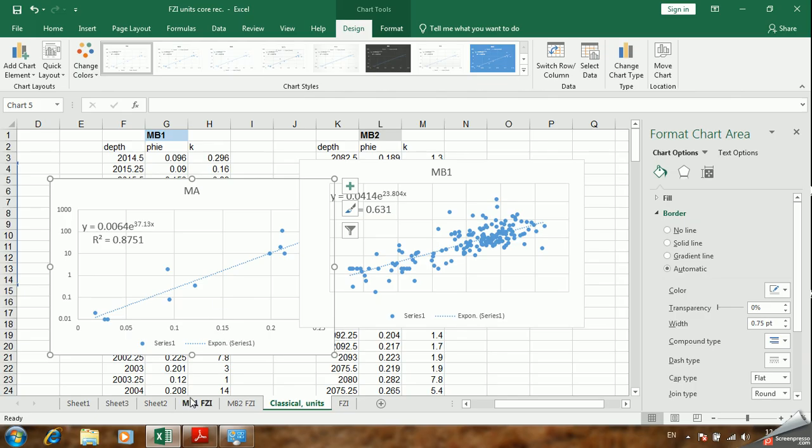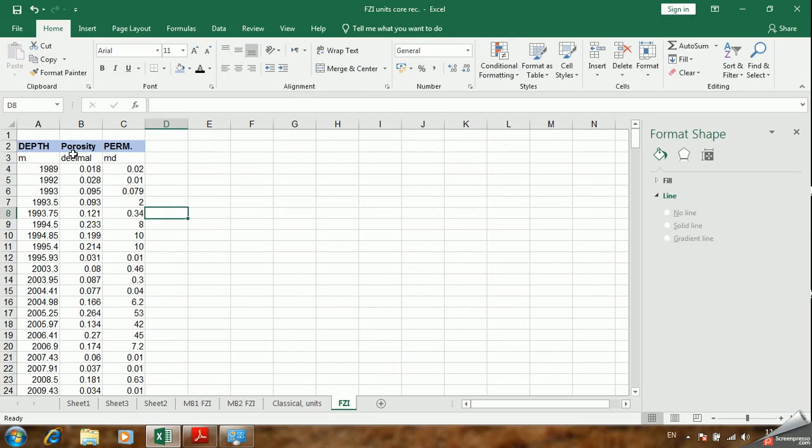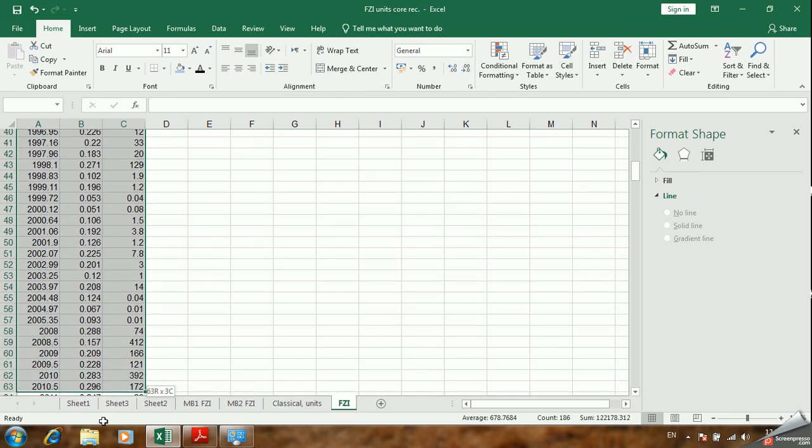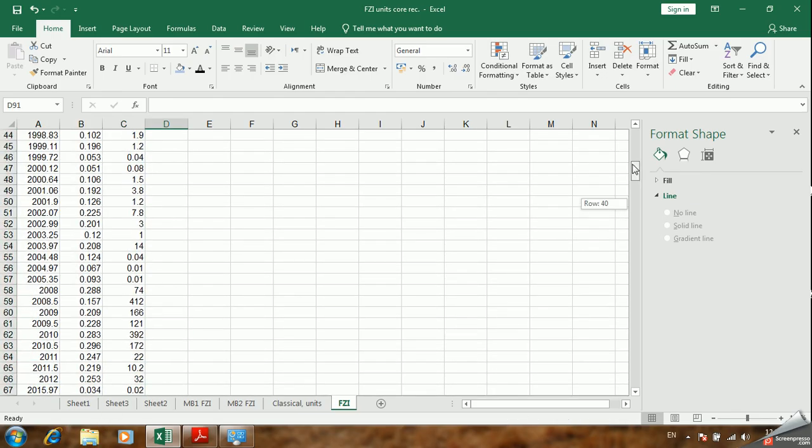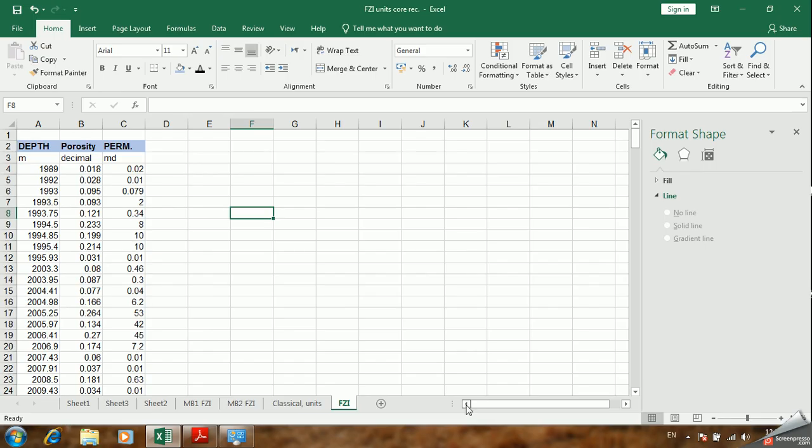The next method, which I'm going to clarify, is the permeability prediction by using the flow zone indicator. Of course, in the same way you can apply the flow zone indicator for your entire data, which is the same as the previous data, but I haven't separated the values of the porosity and the permeability depending on the zone depths.